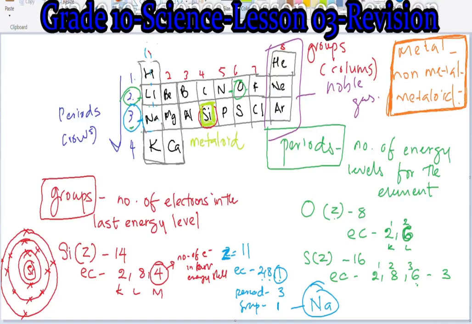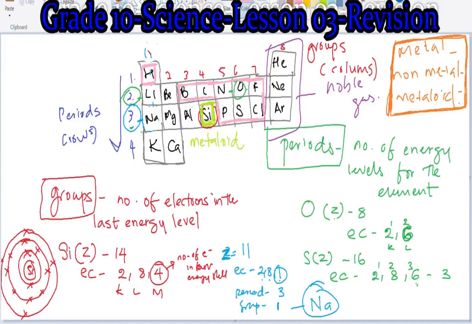Now non-metals, starting off with hydrogen, and then from boron it goes on till fluorine, chlorine. Then silicon is out of the way.